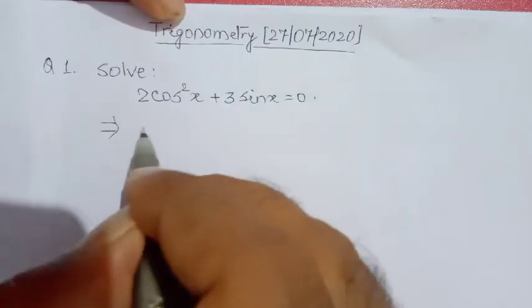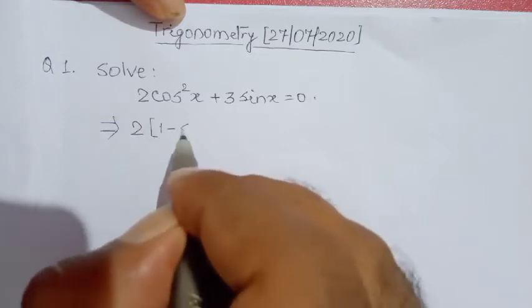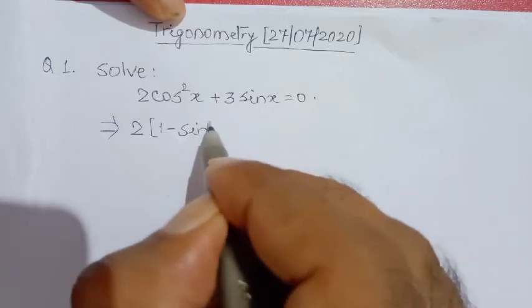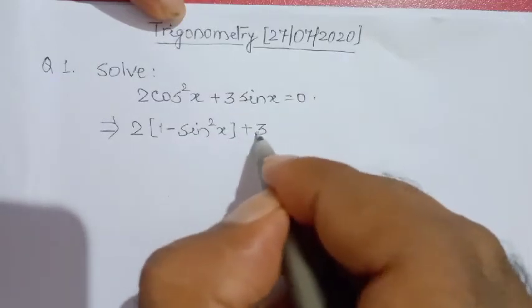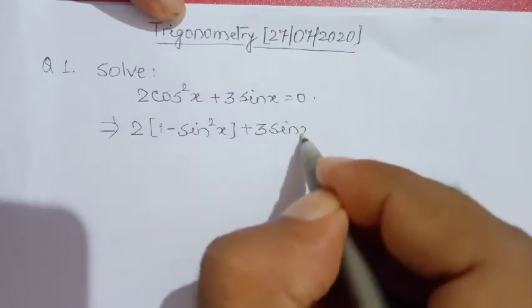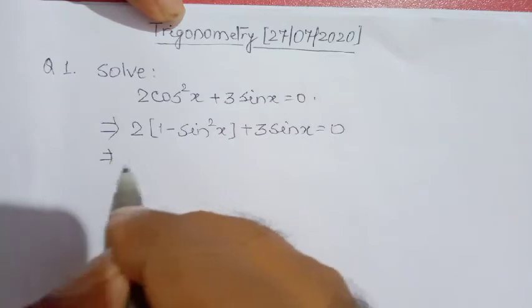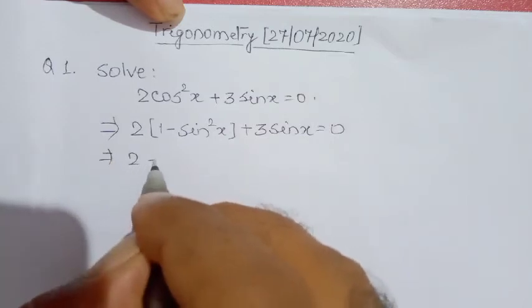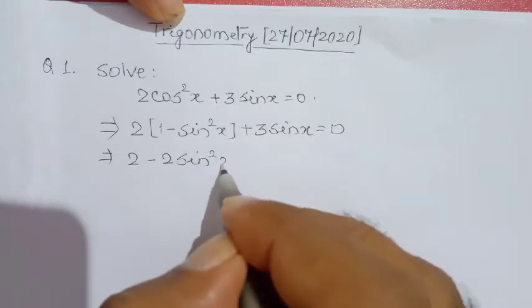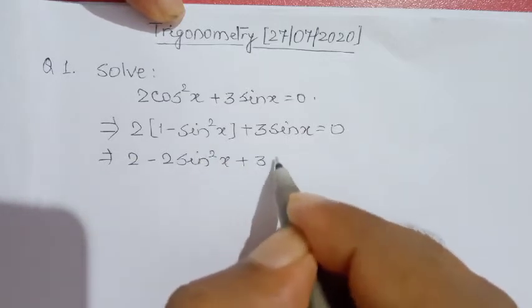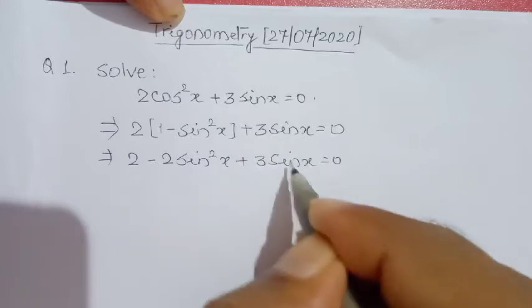So, cos square x should be written as 1 minus sin square x, plus 3 sin x equals to 0. Open the bracket, means 2 minus 2 sin square x plus 3 sin x equals to 0.